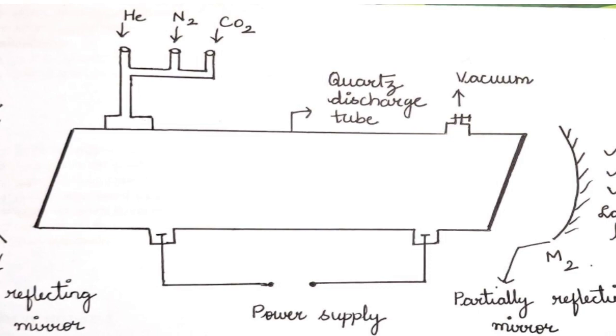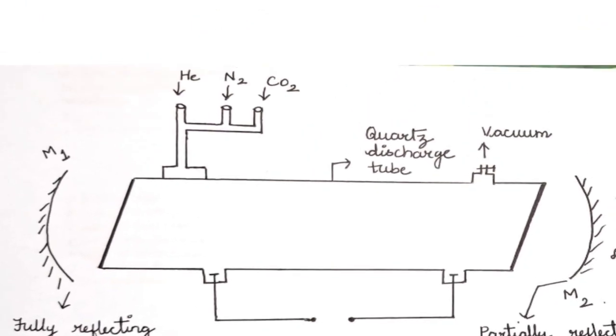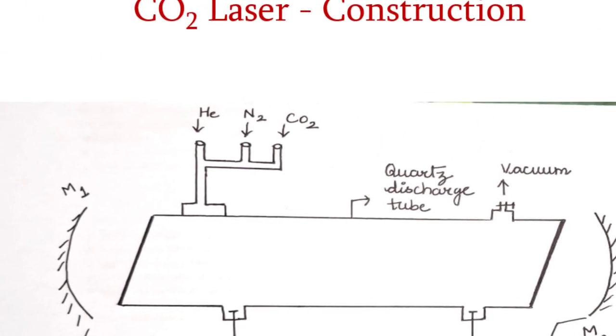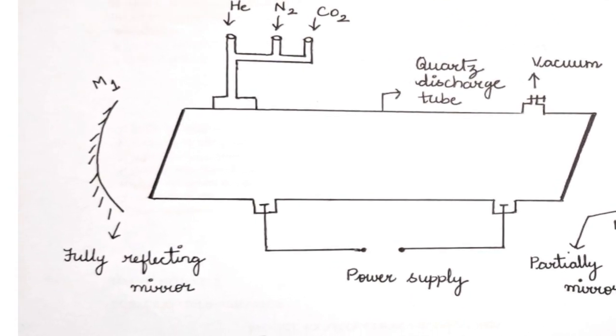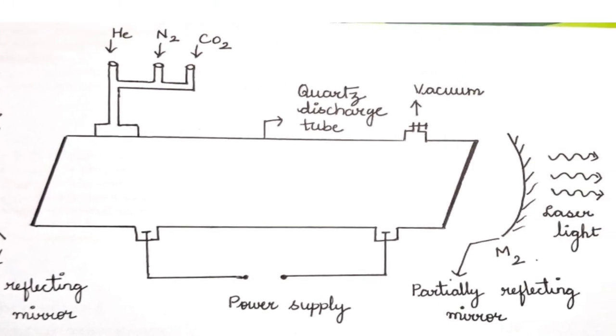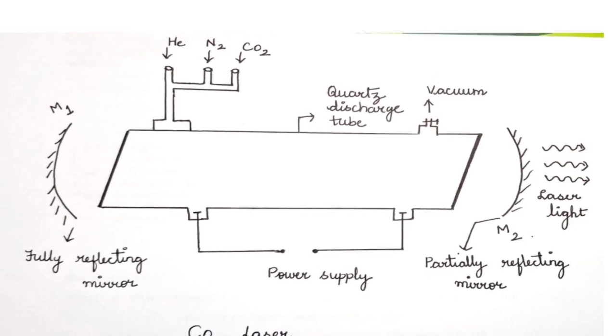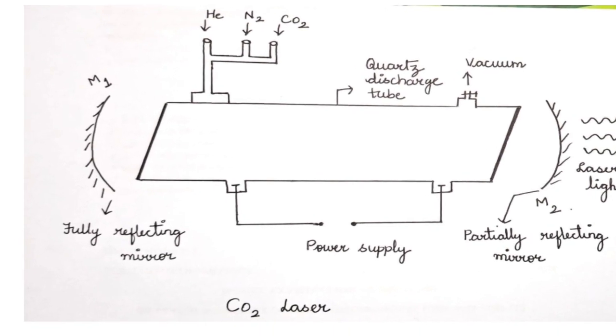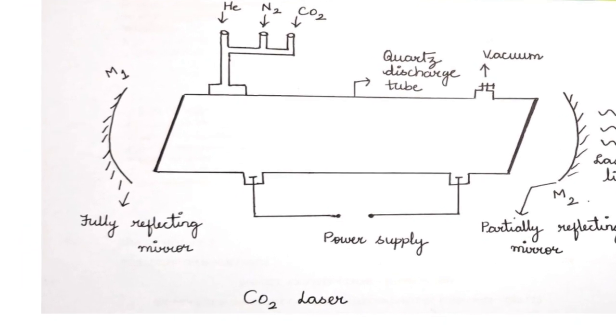Next, coming to the construction of the laser, it has a discharge tube made of quartz. Then to evacuate the tube, we have a vacuum pump here, like a diffusion pump. Then we have an entry for sending the active medium, that is for sending carbon dioxide, nitrogen and helium here.